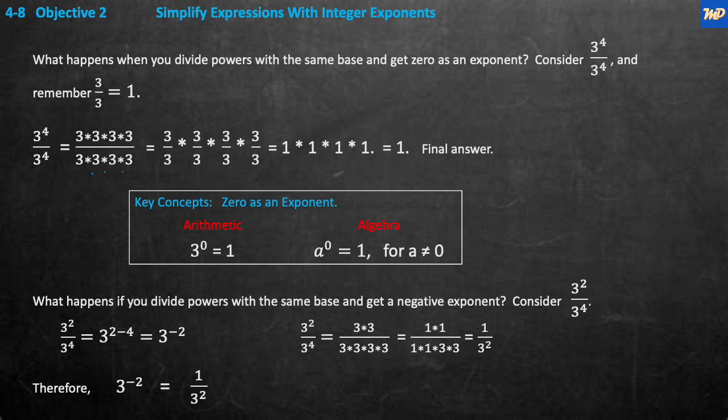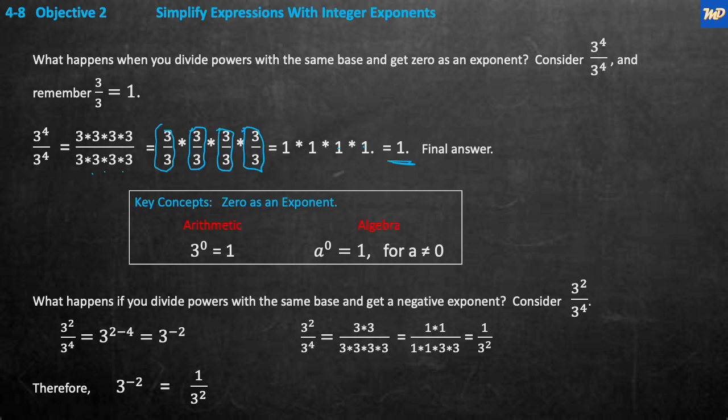So we can say 3 divided by 3, times 3 divided by 3, times 3 divided by 3, times 3 divided by 3, is equal to 1 times 1 times 1 times 1. And we all know that 1 times 1 times 1 times 1 is equal to 1. That's our final answer, 1. So in this case, 3 to the 4th over 3 to the 4th, the answer is 1.